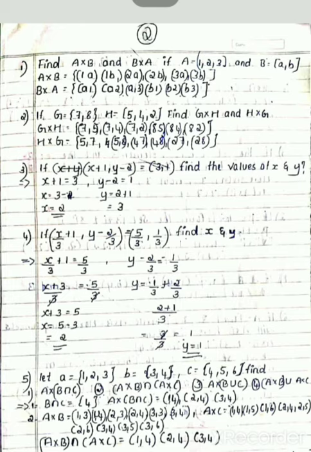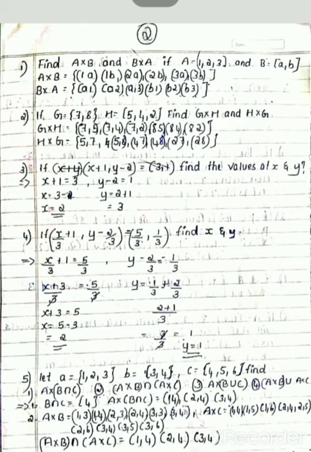Now we have A cross B and A cross C. Next you should write (A cross B) intersection (A cross C). In those two sets, you find the common elements. See 1, 3, the first element of A cross B, is not there in A cross C, so you don't write that.